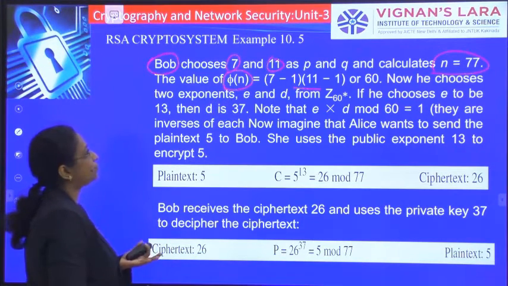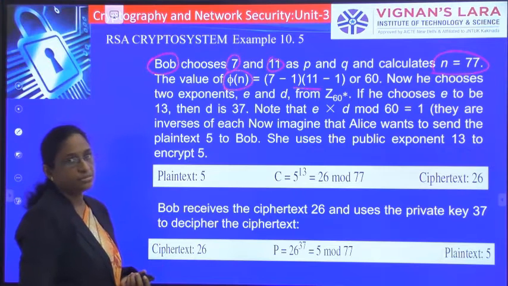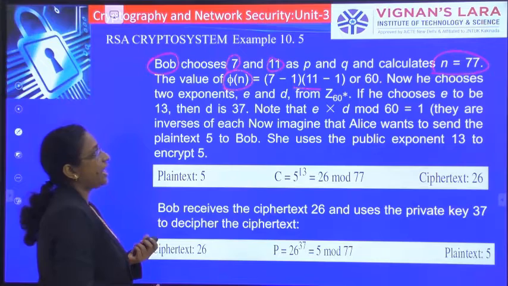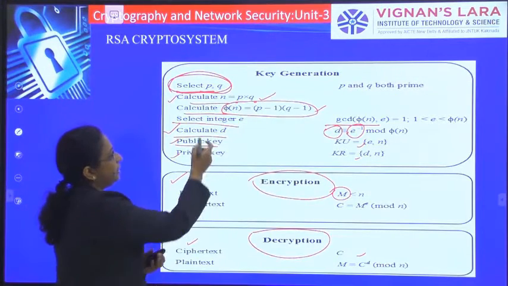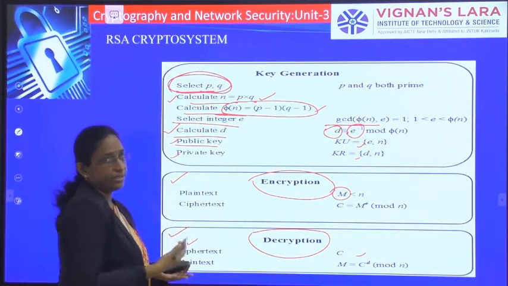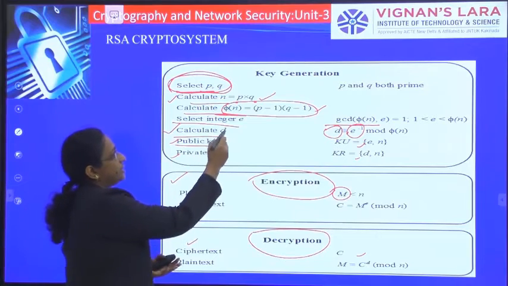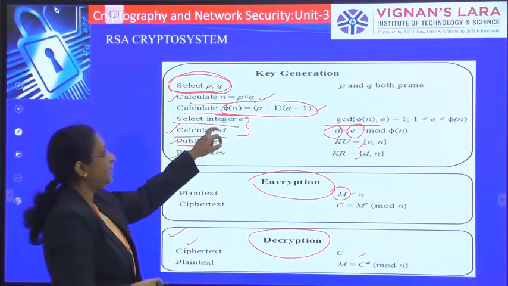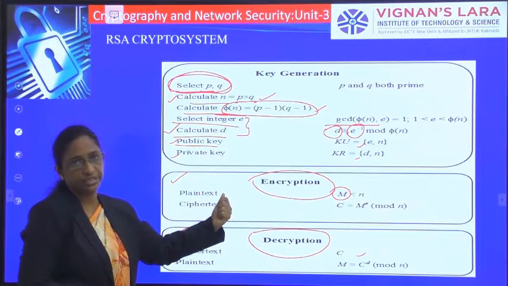Now he chooses two exponents. He has to choose E and D such that E and D are multiplicative inverses of each other.